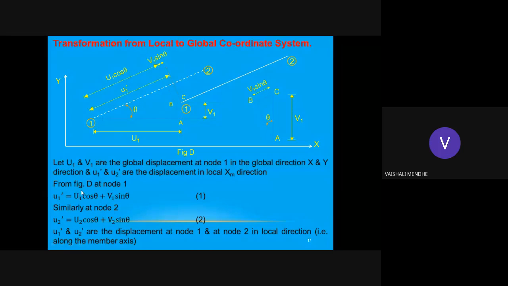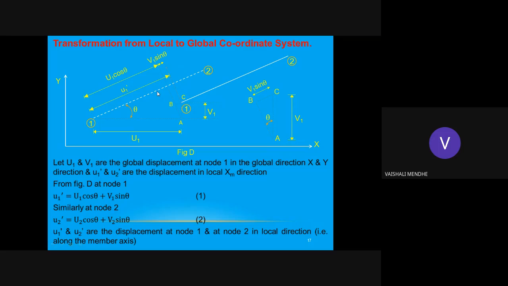Now this local displacement you have to write down in terms of the global displacement with the help of the direction cosines, so that we find that distance in terms of theta. So from figure D, at node 1, u1 dash is equal to u1 cos theta plus v1 sine theta. This will be your equation 1.